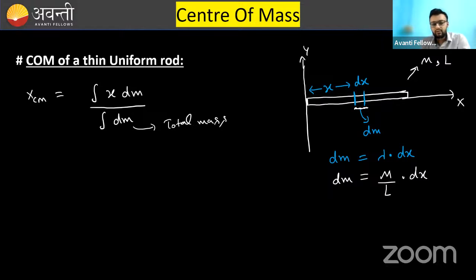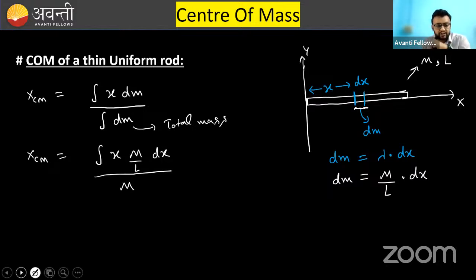So I will put the values of dm here. What is the meaning of xcm? The x coordinate of the center of mass. After putting the values, I get integration of x times (M/L) dx, divided by the total mass of the rod, capital M. Can you see that M will cancel out?